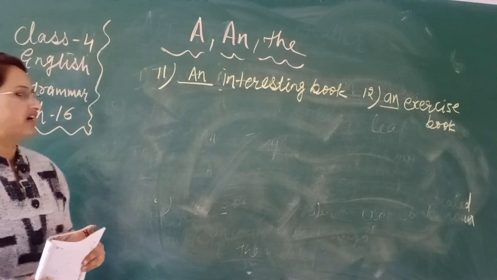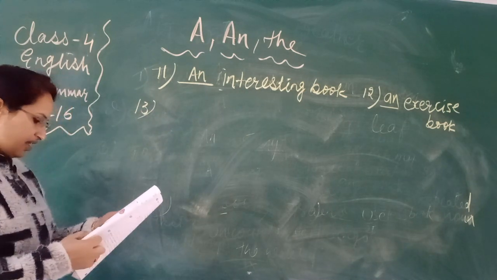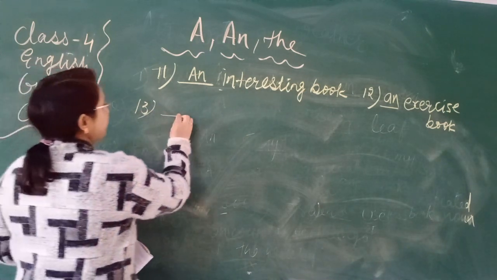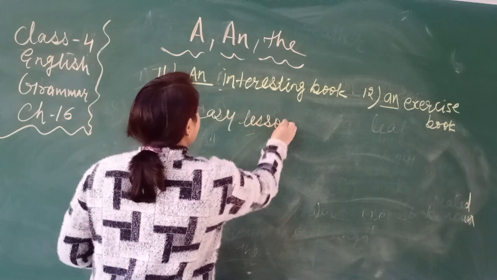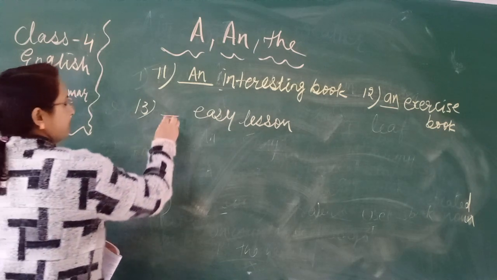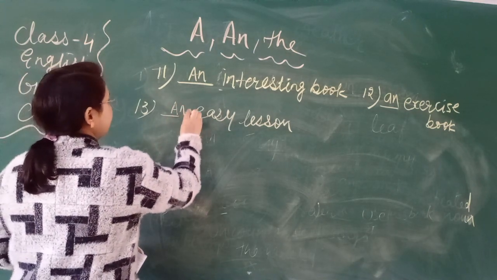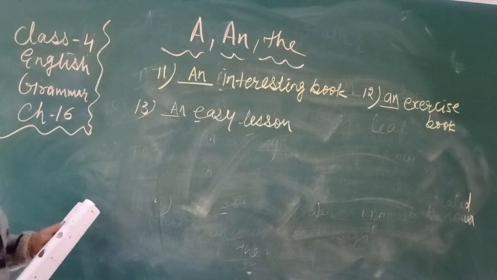That's why we are using article an. 13. Here it is easy lesson. What will come here? An. The sound and the letter both are the same. That's why we are using article an.